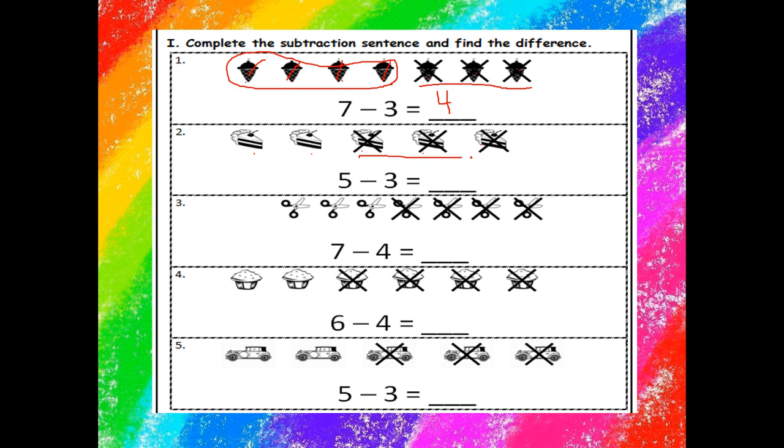This one we get or we take away. And how many cakes are left? So we have 1, 2. So we are going to write here number 2. So 5 minus 3 equals 2.